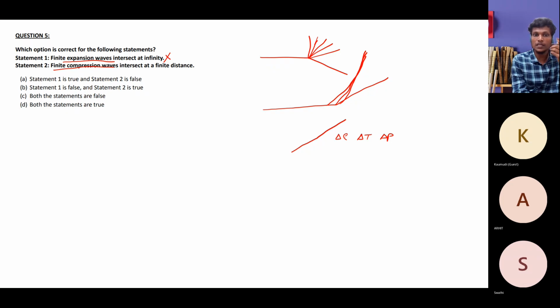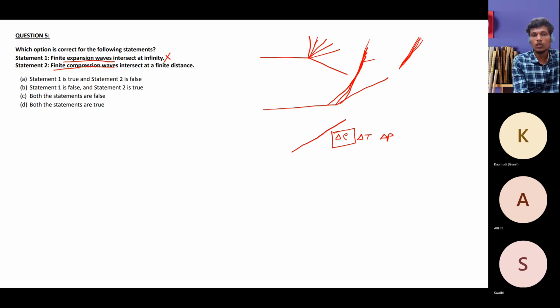If these waves were intersecting at a particular point or a particular line, coming to only one line, it is not physically reasonable, because every finite wave should create some particular difference in the property, and these would be merging at a single instance. That leads to a violation of the second law of thermodynamics. That means all these waves should not intersect, but merge like a very thin layer.